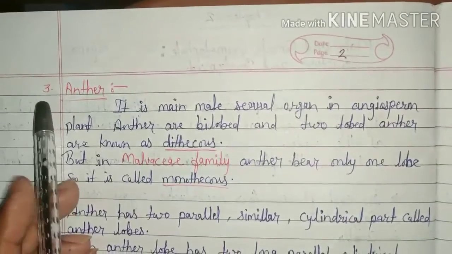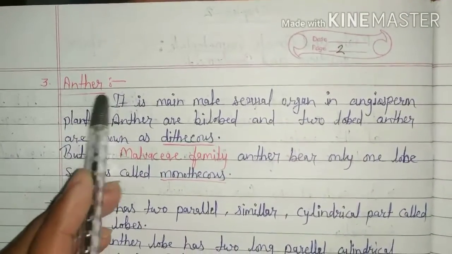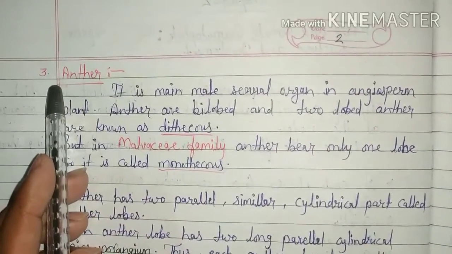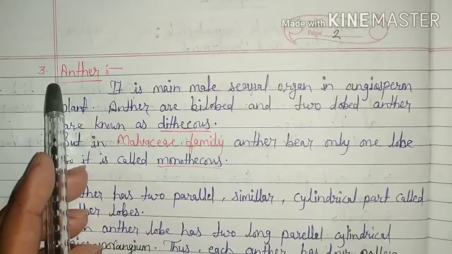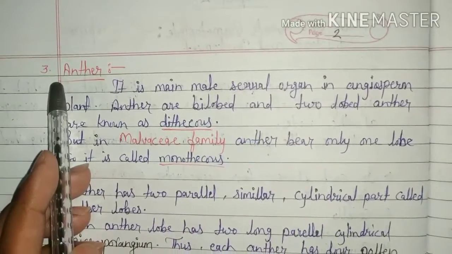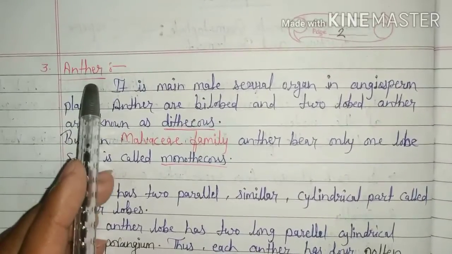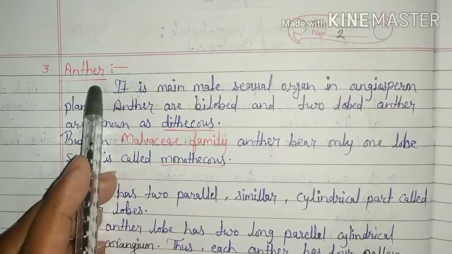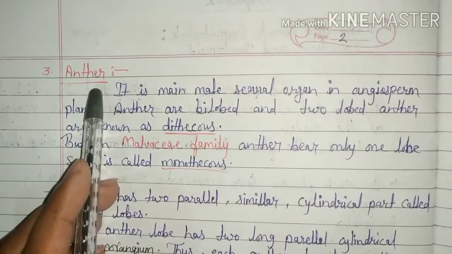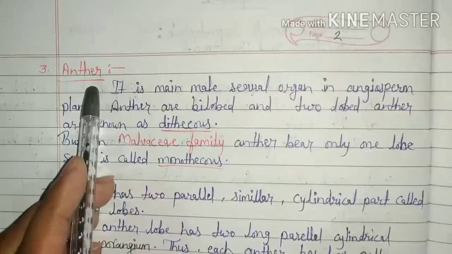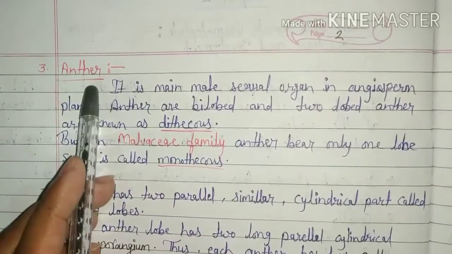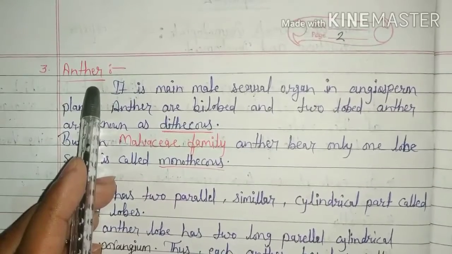Now, the third part of the stamen is the anther. Each anther is usually made up of two lobes, called anther lobes, connected by a connective tissue which is sterile in nature. In turn, each anther lobe contains two pollen chambers or two pollen sacs placed longitudinally.